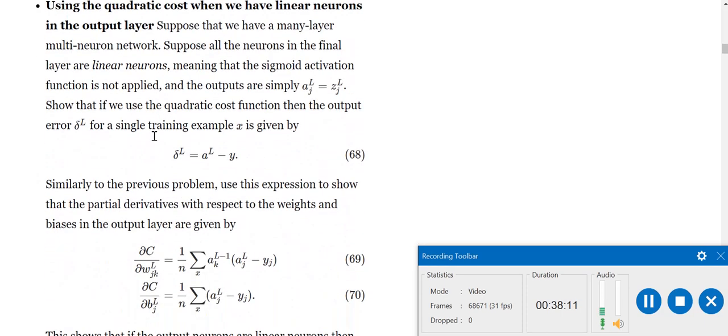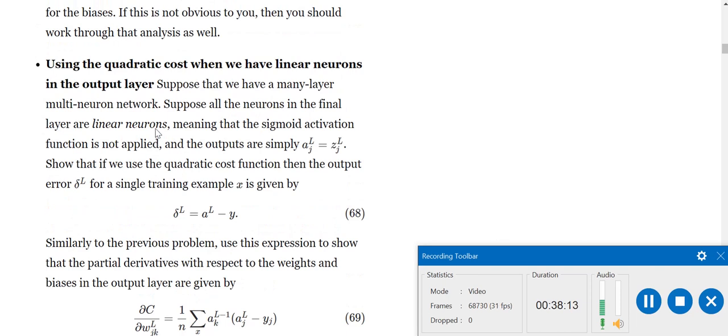Okay, so the second question, using the quadratic cost when we have linear neurons in the output layer. Suppose that we have a many layer multi neuron network. Suppose all the neurons in the final layer are linear neurons, meaning that the sigmoid activation is not applied and the functions are simply a_j^l = z_j^l. Show that if you use quadratic cost function, the output error delta^L for a single training example is given by this.